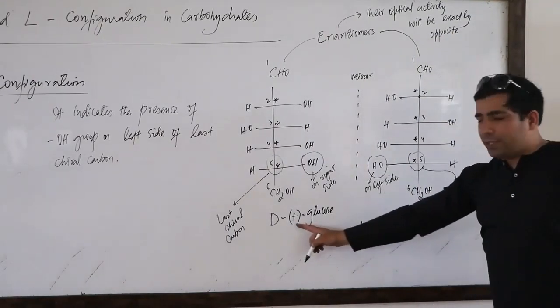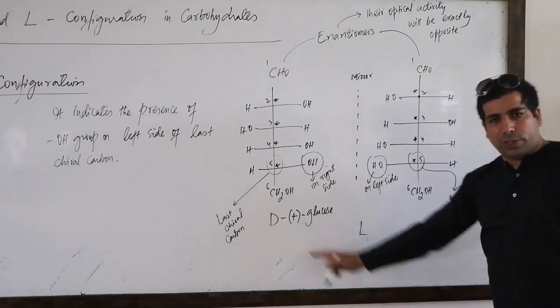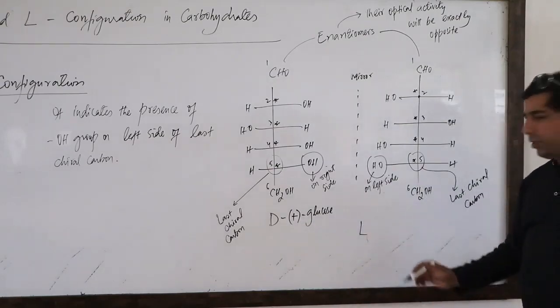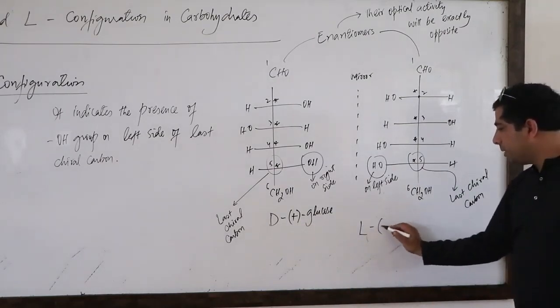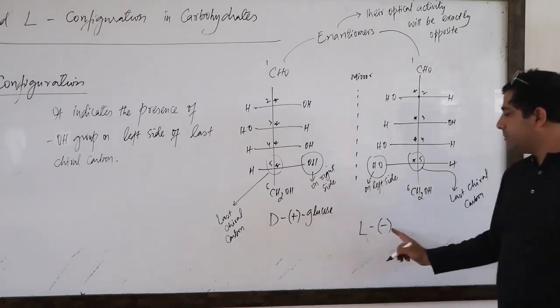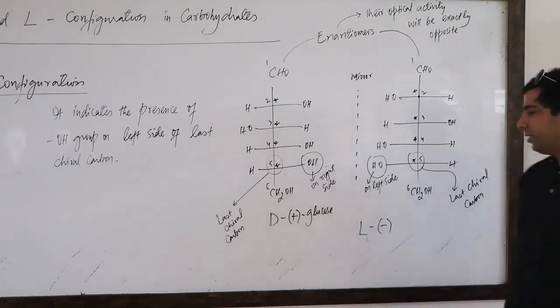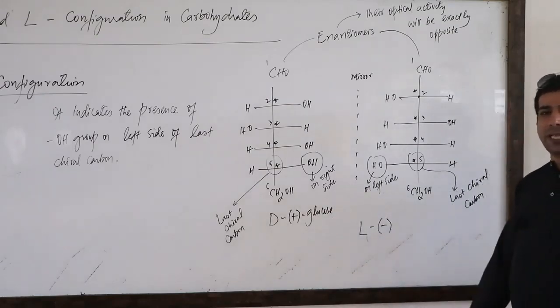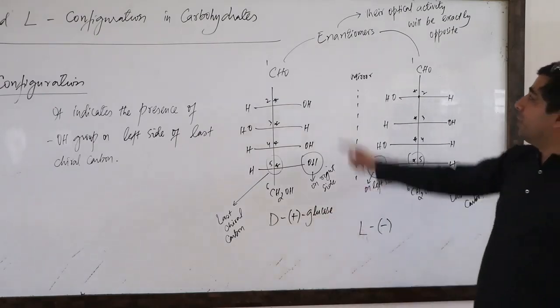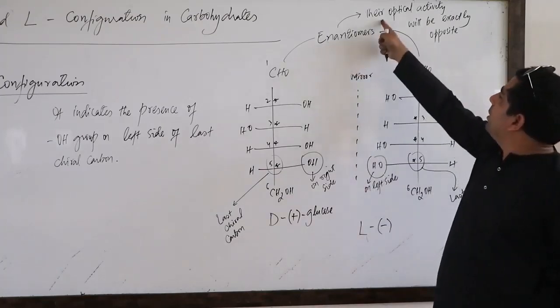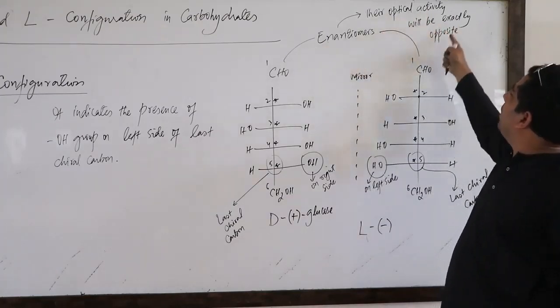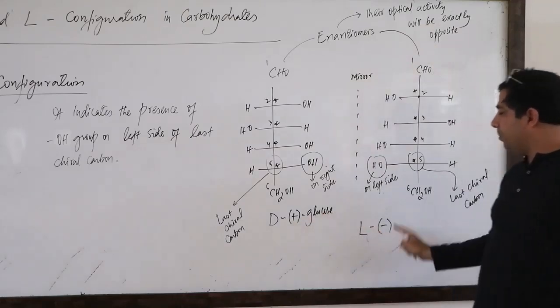So what is the optical activity here? Plus, dextro. And what will be here? Opposite. What is the opposite of plus? Minus. If this is rotating the light in clockwise direction, this L form will rotate the light in anti-clockwise direction because they are enantiomers and their optical activity will be exactly opposite. This is plus, this will be minus.